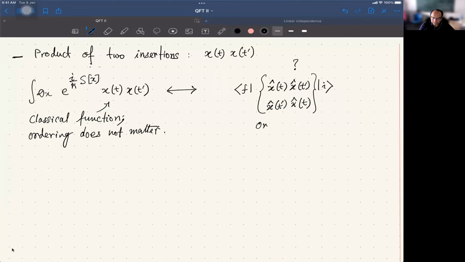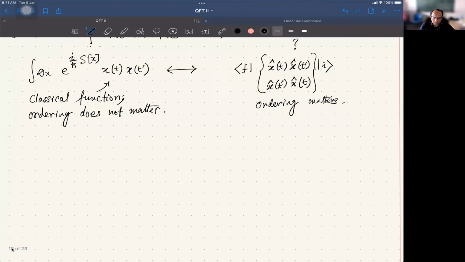In matrix mechanics, ordering matters. Now, to resolve this is actually not that difficult a question. To resolve this, you could again cut open and sew back the path integral.